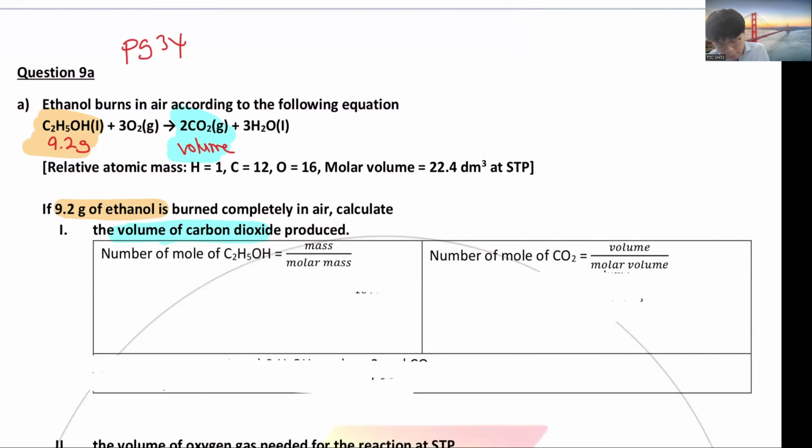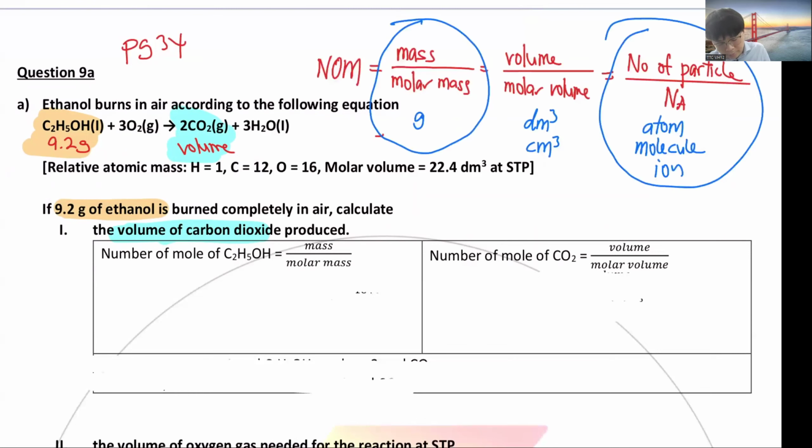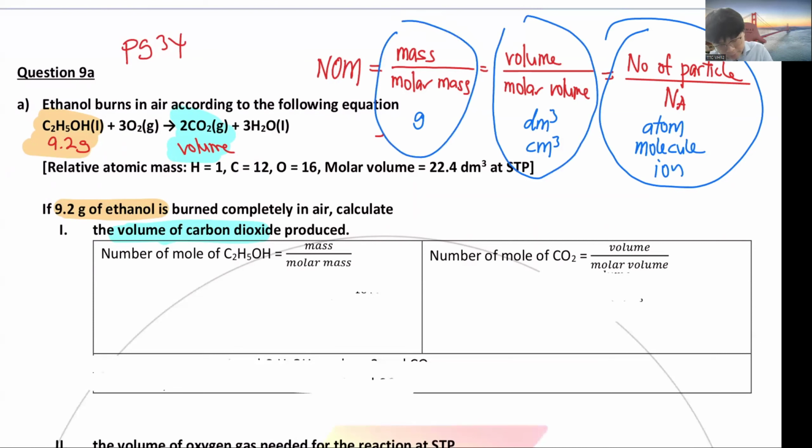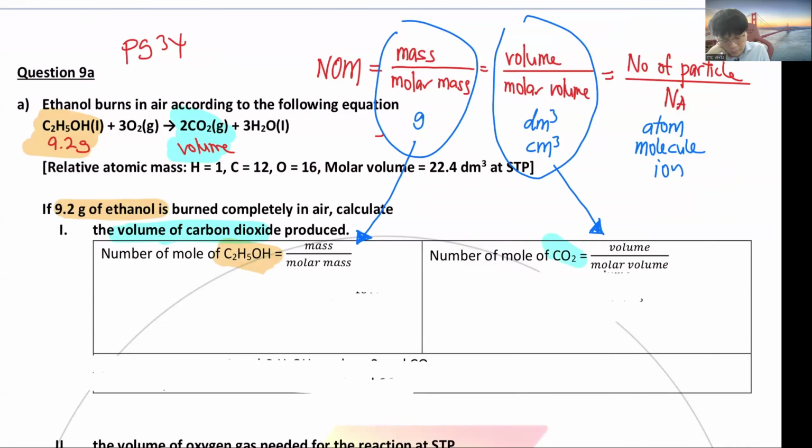So in this case, you are using volume and mass. This is the mass, then this is the volume. The only difference here is one is for my ethanol, one is for my CO2.